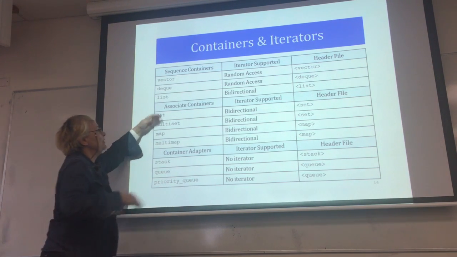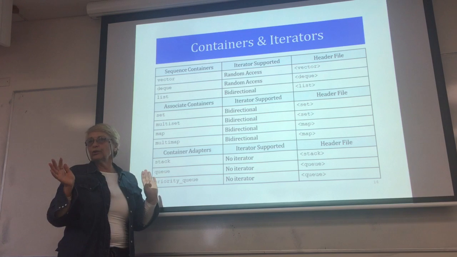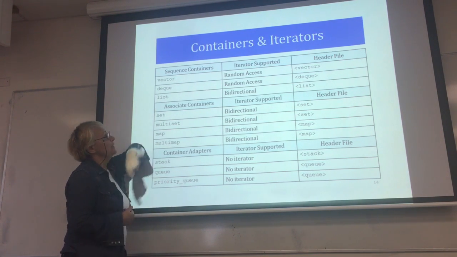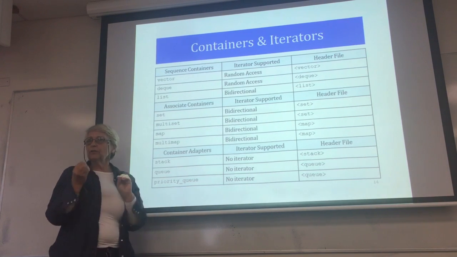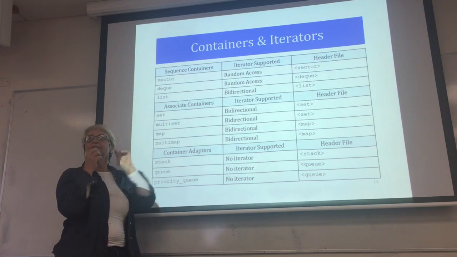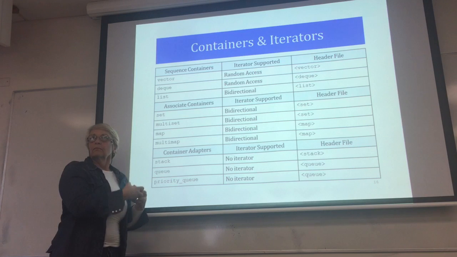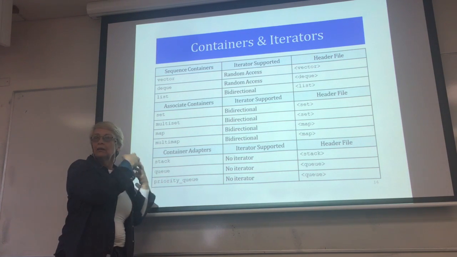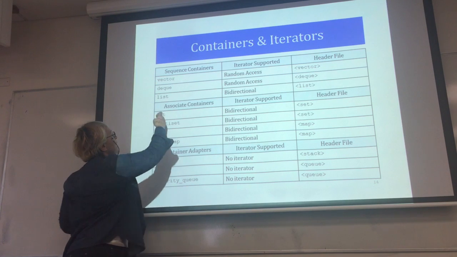For associative containers, we know that they are already sorted, so sorting them doesn't make much sense. But for a list, if you want to sort a list, be aware a list comes with a sort method, which is efficient for this type of object.